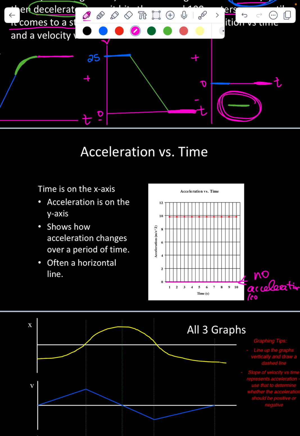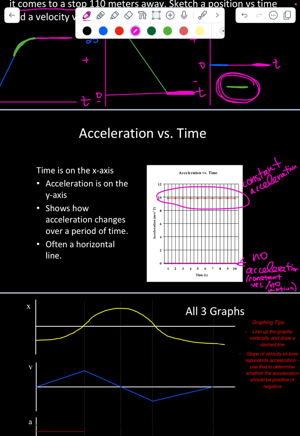So that is either a constant velocity or no motion whatsoever. Or we're going to see a horizontal line either above 0 or below 0. And those horizontal lines above or below do mean that we have constant acceleration.